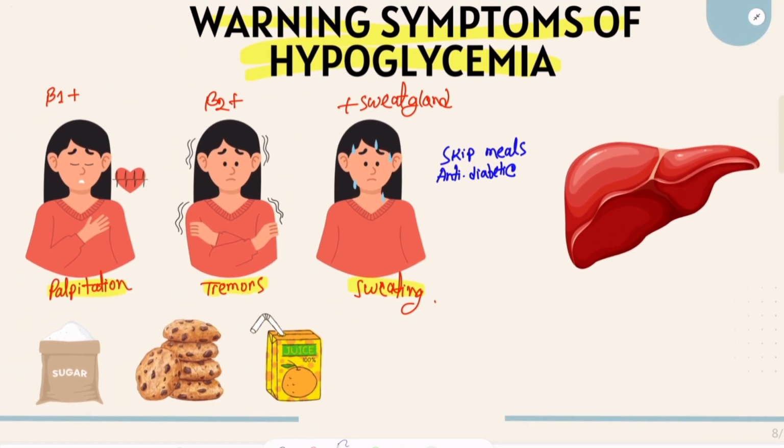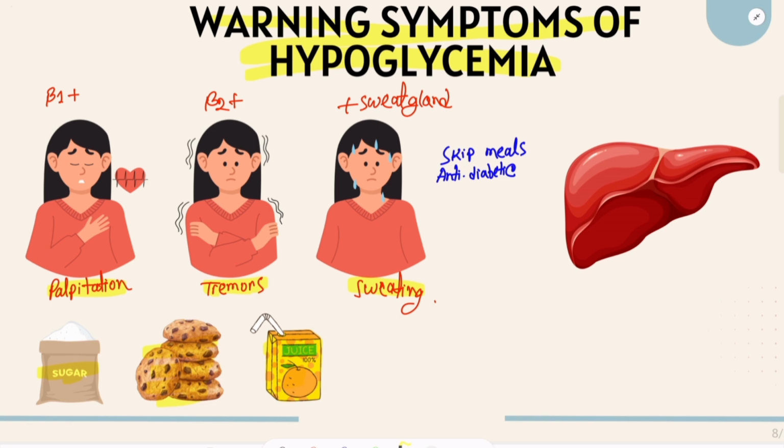Whenever these symptoms come, the person should take sugar, cookies, or juice. So hypoglycemia will be reversed and the person will not go into a coma. This is very important. Warning symptoms of hypoglycemia. This should be told to every diabetic patient. Now, suppose a person comes to a doctor, but the doctor is not aware of these symptoms.